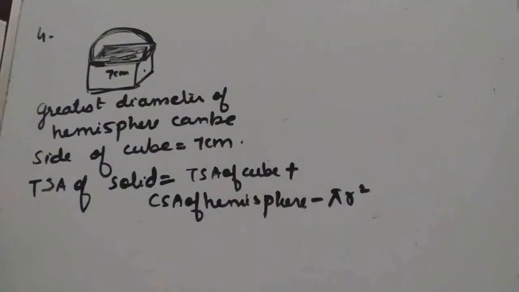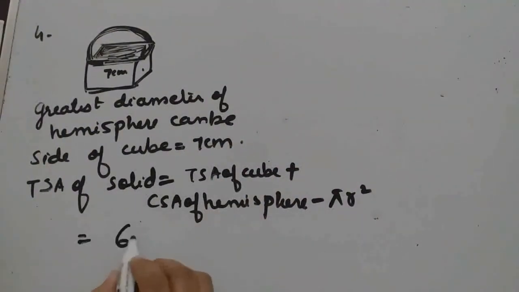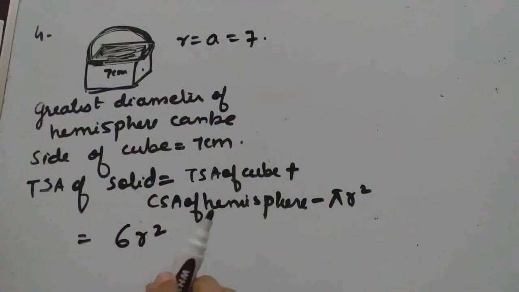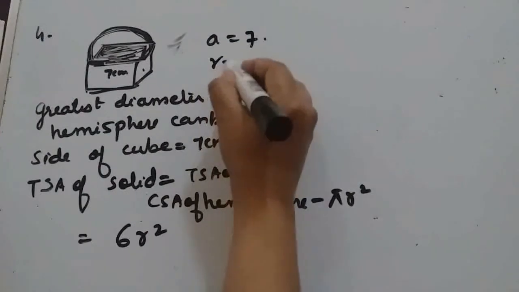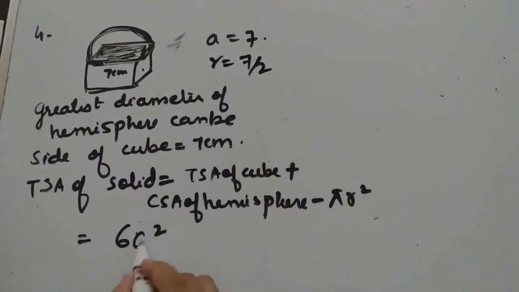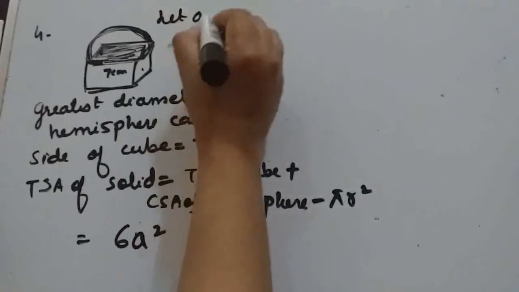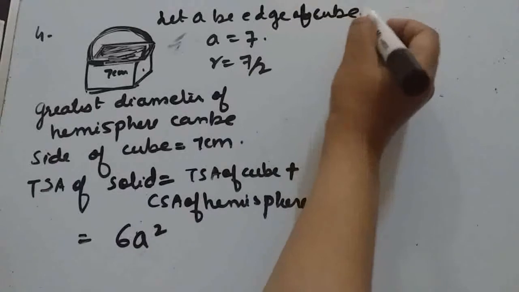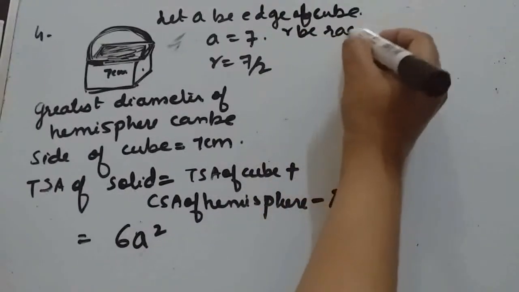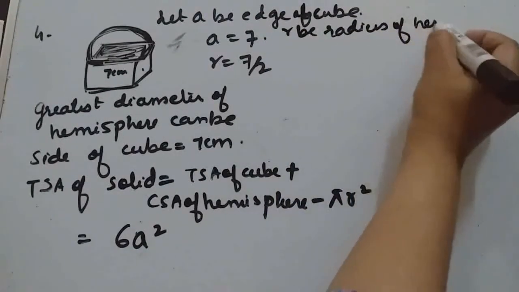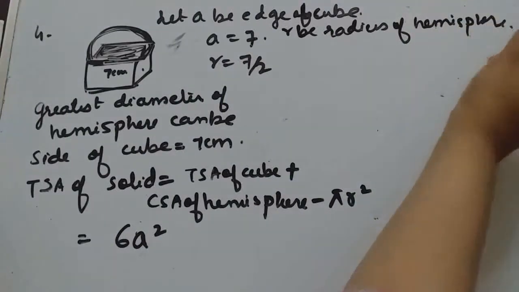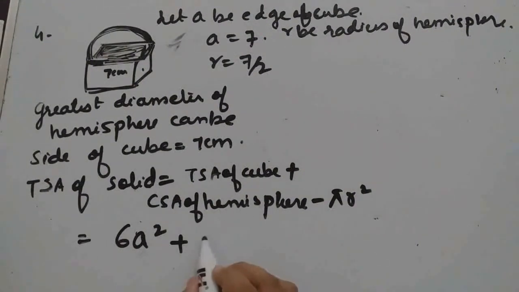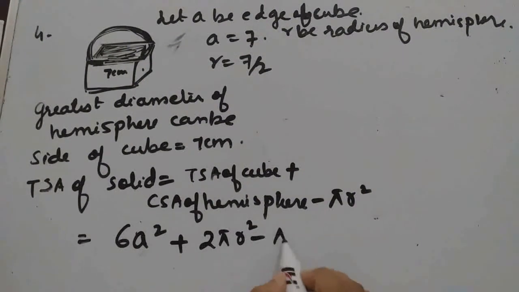First, TSA of cube means 6 a square. Sorry, a is the edge of the cube and r is the radius of the hemisphere. So a is 7 but r is 7 by 2. So CSA of hemisphere means 2 pi r square minus pi r square.